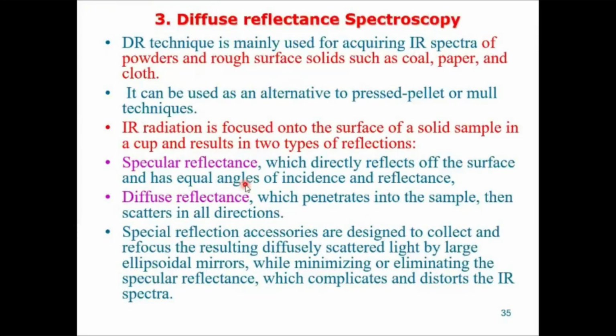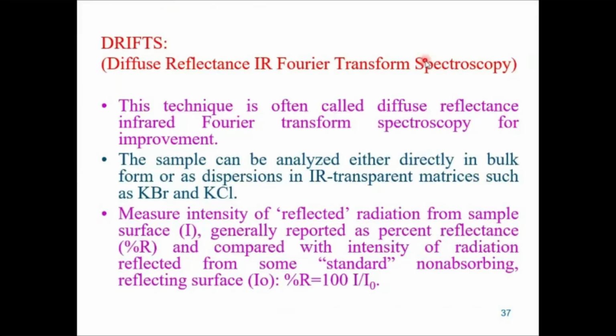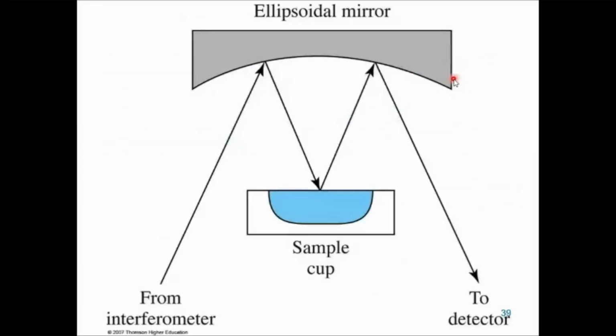Third type is diffuse reflectance spectroscopy. When we say diffuse, it means you cannot predict the way in which the reflection will occur. The surface is uneven. For this, DRIFTS is used, diffuse reflectance IR Fourier transform spectroscopy, and it has one additional element, an ellipsoid mirror. The surface of the mirror is elliptical, half elliptical, I should say.